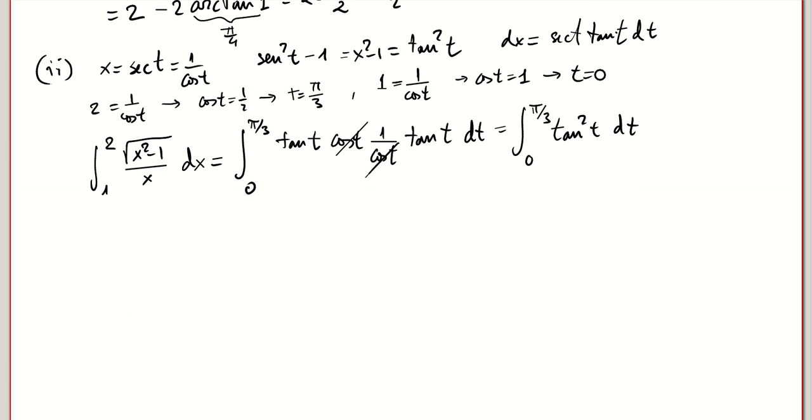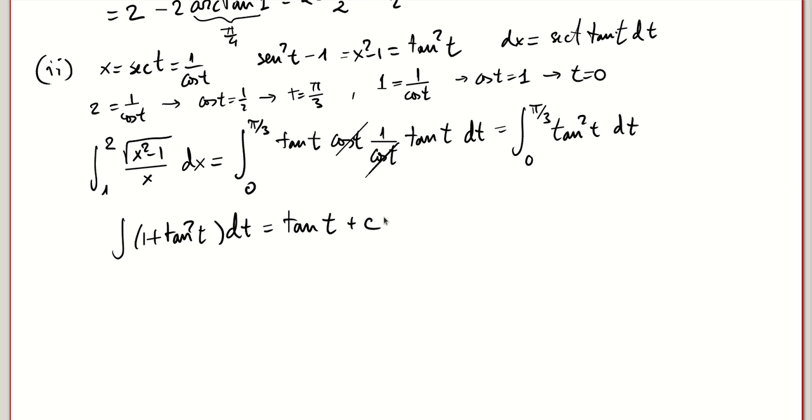We don't know the primitive of the tangent squared, but we do know the primitive of 1 plus the tangent squared. This is the tangent of t plus a constant, of course. That's the primitive.